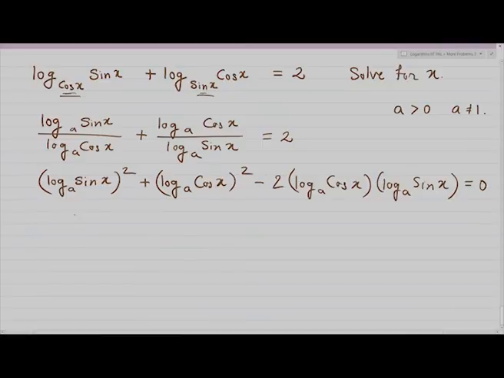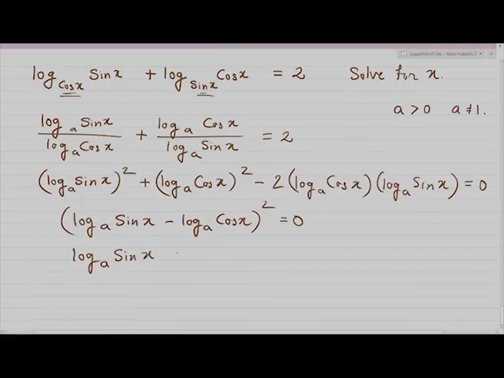What is this? This is nothing but log to the base a sin x minus log to the base a of cos x the whole square is equal to 0. That means, log to the base a of sin x must be equal to log to the base a of cos x.